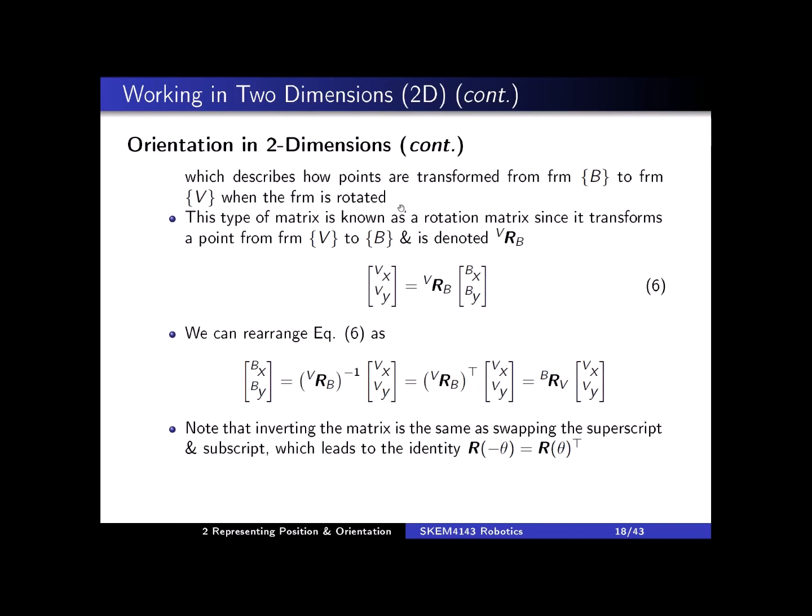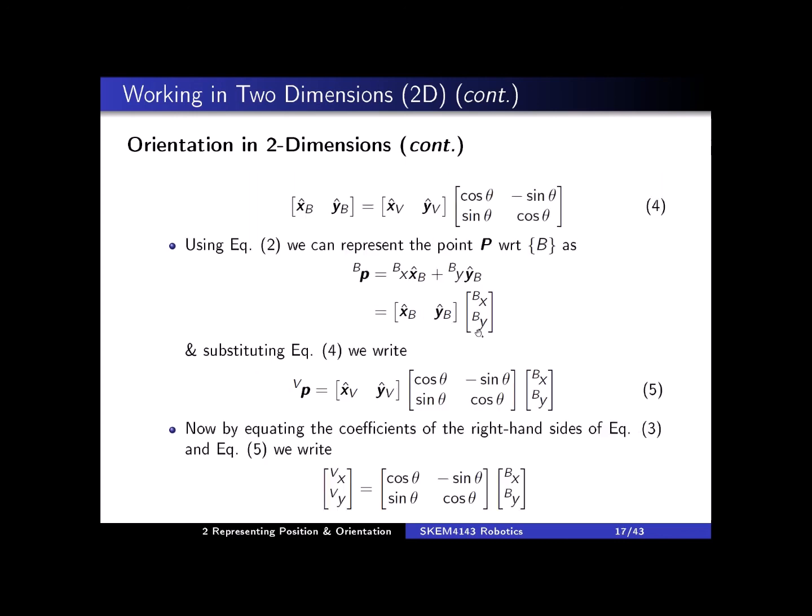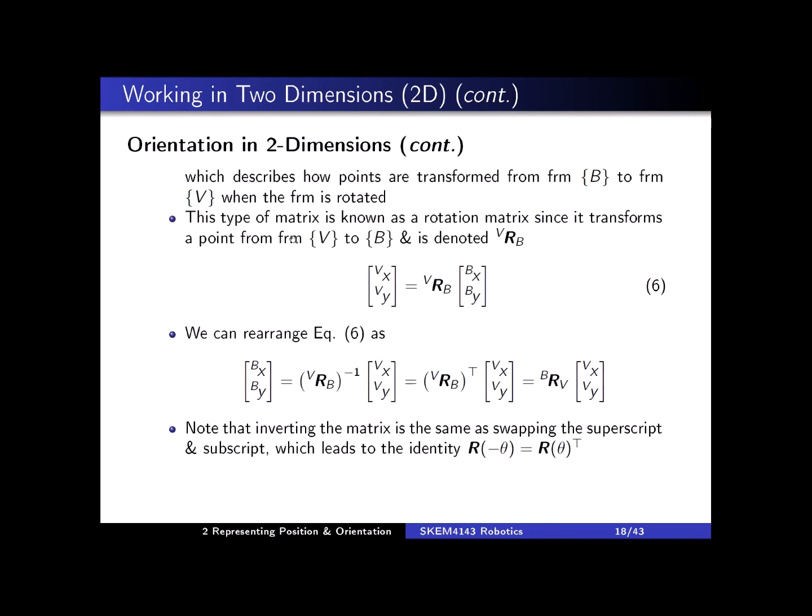This type of matrix is known as a rotation matrix, since it transforms a point from frame B to V, and is denoted RBV. Now we rewrite this as this. So RBV is our rotation matrix.